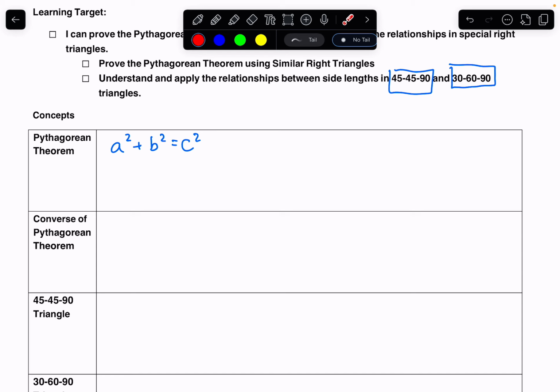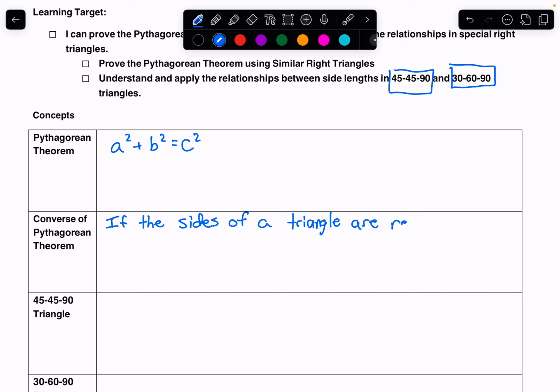There is also a converse to the Pythagorean theorem that tells us if the sides of a triangle are related by a squared plus b squared equals c squared, then the triangle is a right triangle.